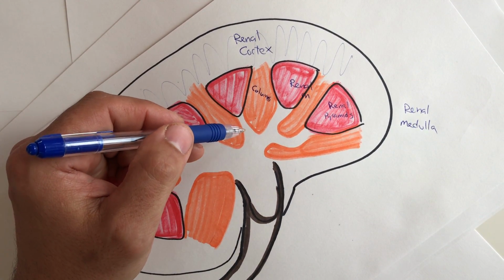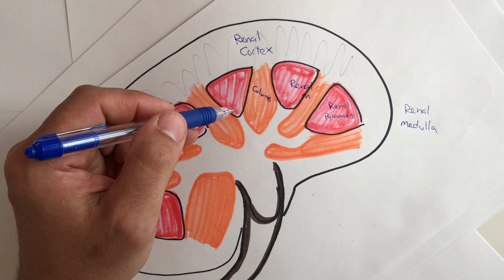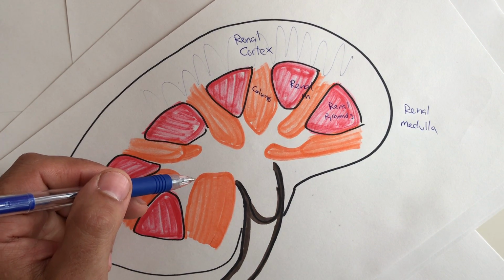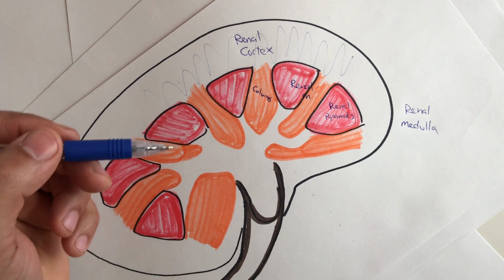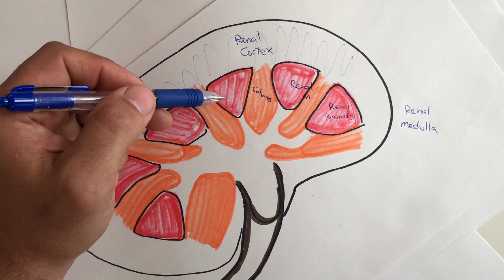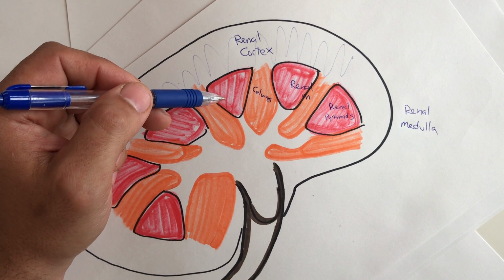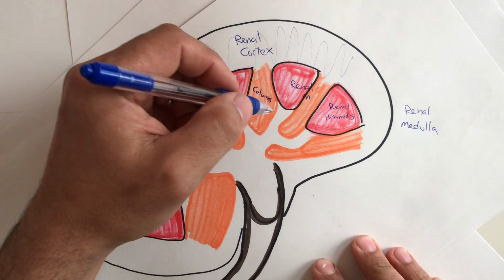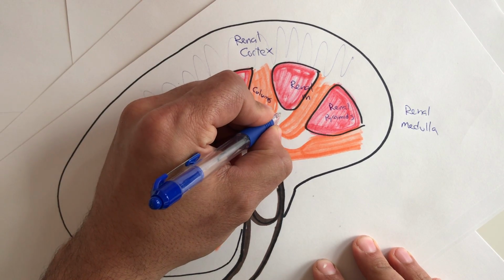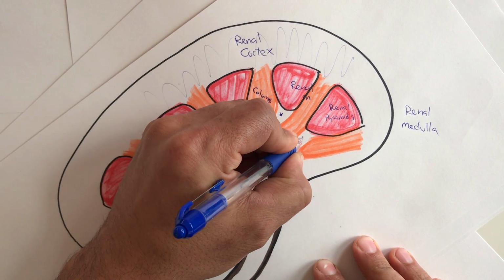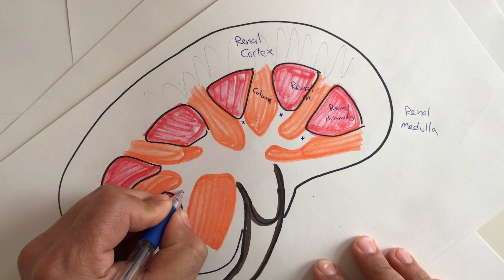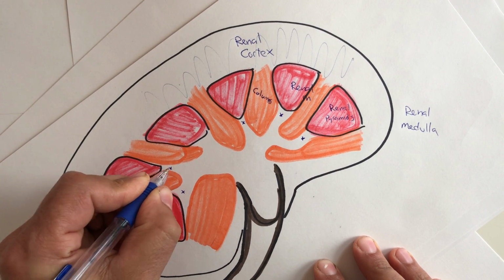Now, the fluid that is produced by the kidneys that eventually becomes urine is made inside of these pyramids. When they produce it, it exits the pyramid and enters these first initial areas, where these little X's are.